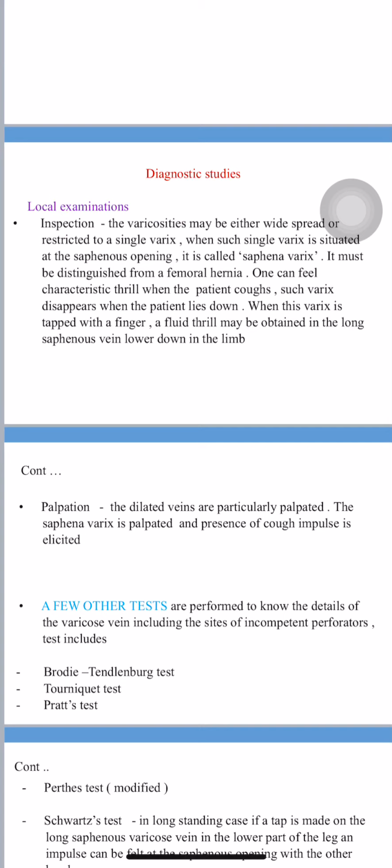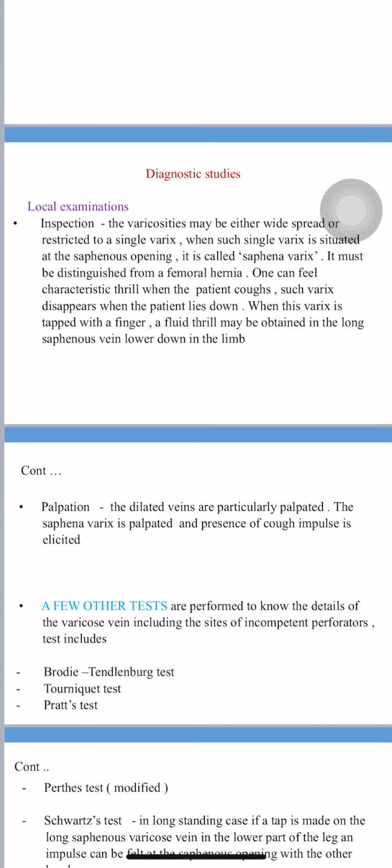Brody-Trendelenburg test. This test should be performed to determine the incompetency of the saphenofemoral valves and the other communicating system. This test can be performed in two ways. In both methods, the patient should be first placed in a recumbent position and his legs are raised to empty the veins.